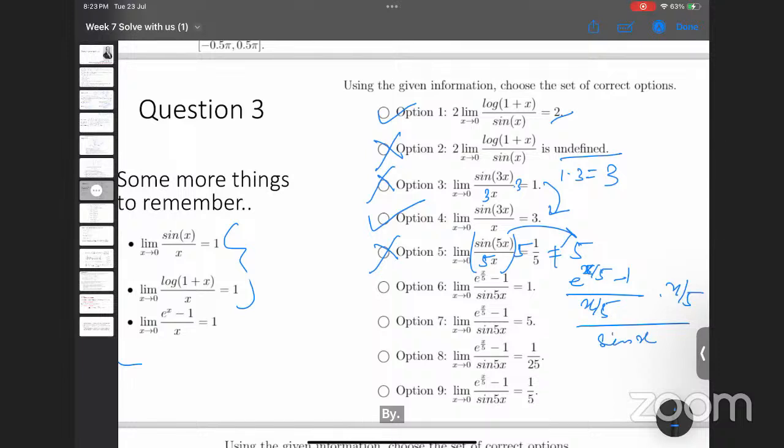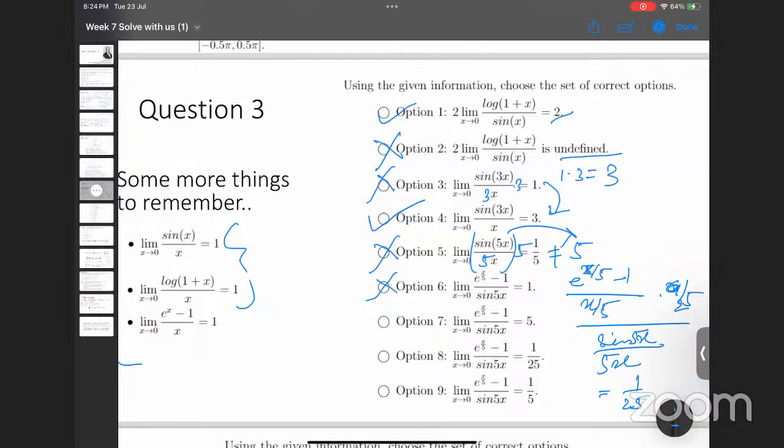The x can be taken here. It was sine 5x. So 5x will be 25, so it will be 1, 1 and 1 by 25. The answer is 1 by 25. Here they give that this is 1, so this is clearly incorrect.